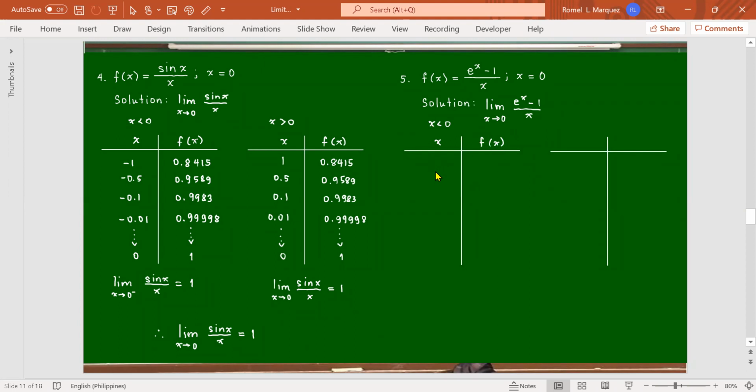Assigning values to x, we have, let's say, negative 1, negative 0.5, negative 0.1, negative 0.01, negative 0.001.